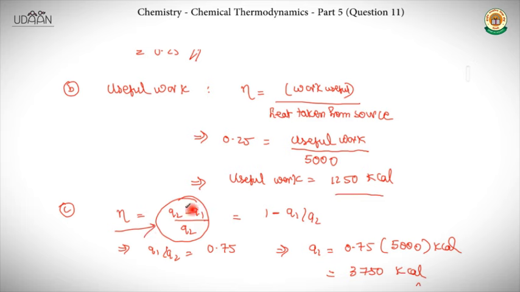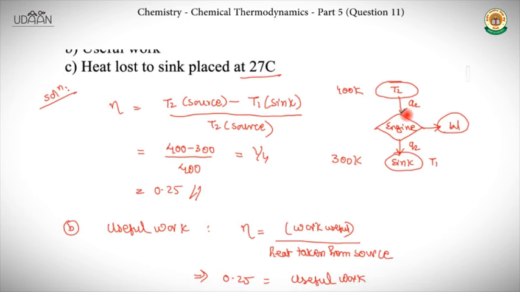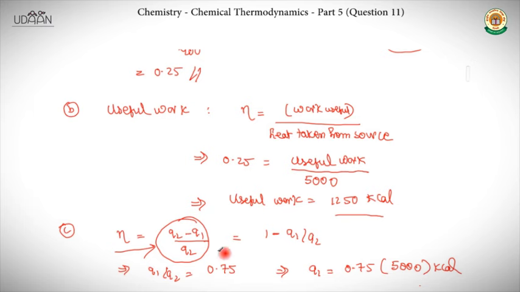See, here we have Q2 minus Q1. Q2 is what we are supplying to the engine, and Q1 is what we are extracting from the engine. So where is Q2 minus Q1 going? That is work done. So we can get it directly like that also.